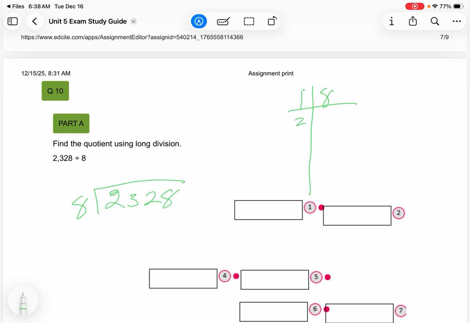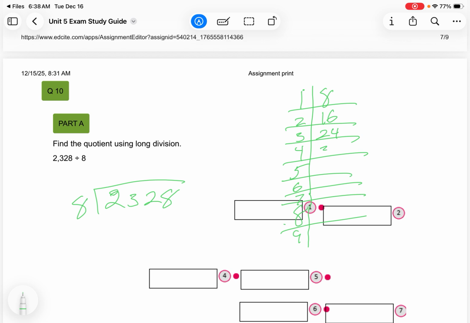Well, 2, 3, 4, 5, 6, 7, 8, 9. Well, 8 and 8 is 16, and 8 is 24, and 8 is 32, and then 40, 48, 56, 64, 72.